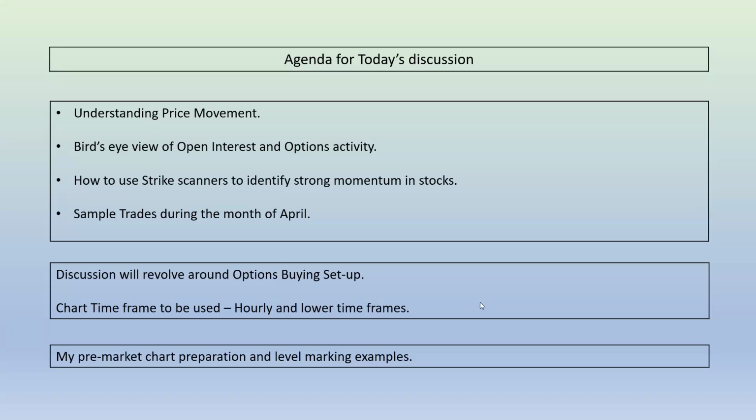The time frame for the charts is maximum hourly. Sometimes I use 15 minutes and even 5 minutes for the options price, but we don't go beyond hourly. We won't go to daily. Everything will be restricted to a maximum of hourly.